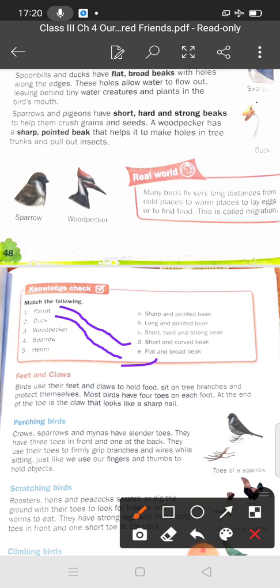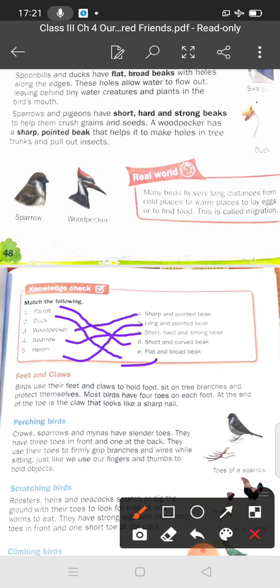Now the woodpecker has a sharp and pointed beak, third A. And the sparrow has a short, hard and strong beak, C part. And the heron has a long and pointed beak. So you can do this, match the columns.